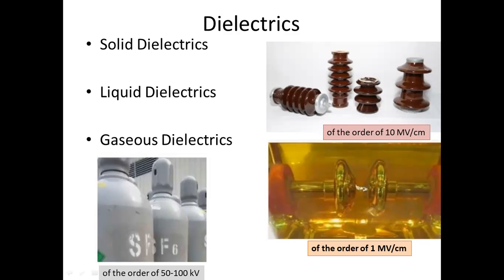And these are examples of liquid dielectric, where we have taken the application of a circuit breaker; these are the contacts of the circuit breaker. And this is SF6, a gaseous dielectric. Air is also a good gaseous dielectric.